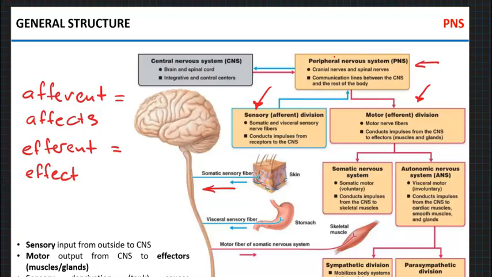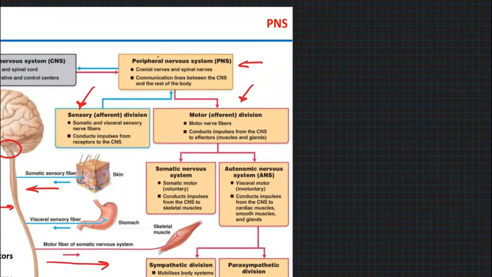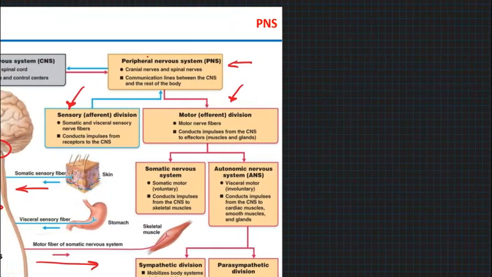In our case, it's going to be either brainstem or spinal cord. And the motor outputs, as you remember, go away from the central nervous system towards the effectors. Okay? So what are the effectors of the nervous system?